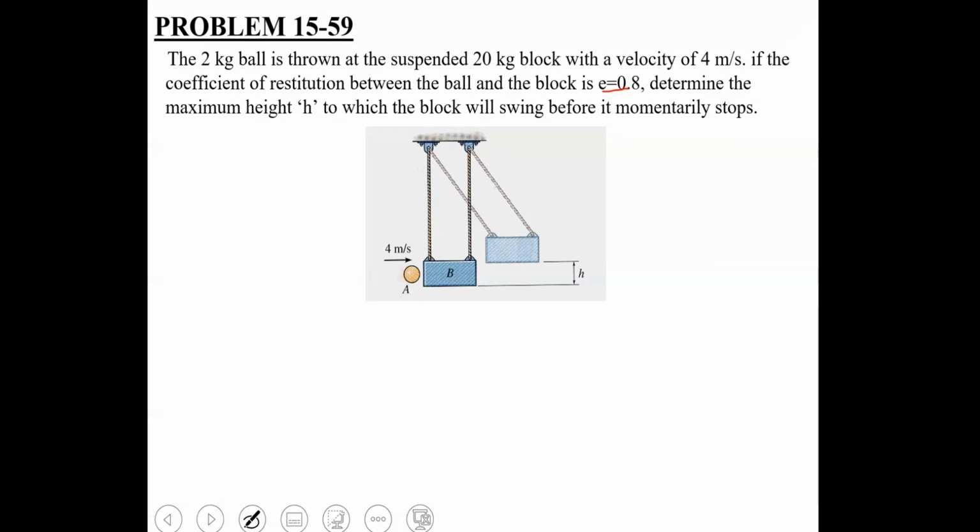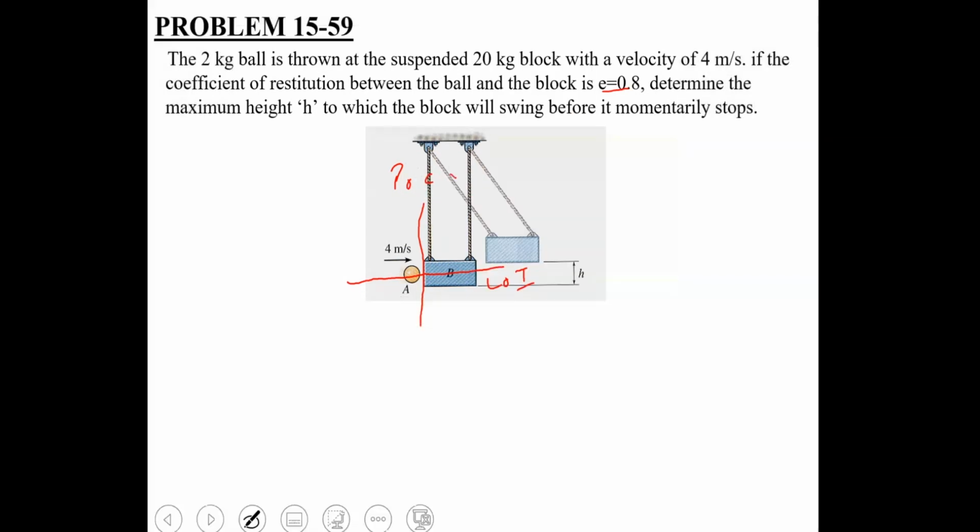So first of all, is it a case of central impact or oblique impact? Sir, from the figure it is central. So from the figure it is clear that this is a case of central impact. So this is going to be the line of impact, which is the x-axis here, and this is going to be the plane of contact. So you will have the y-axis.